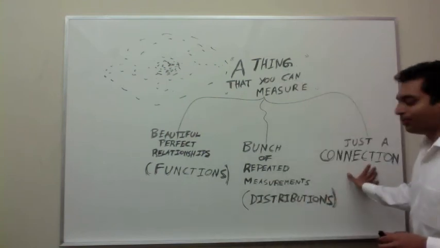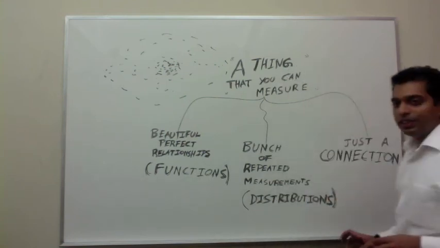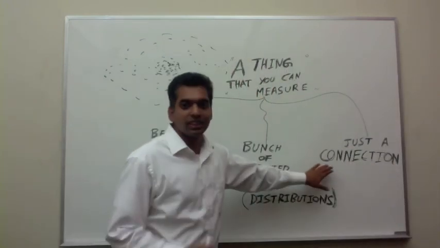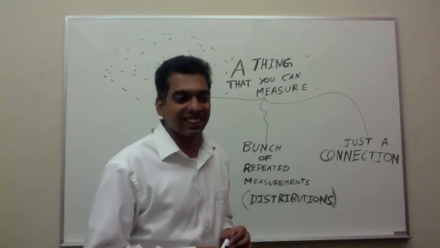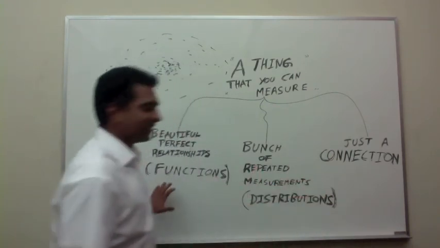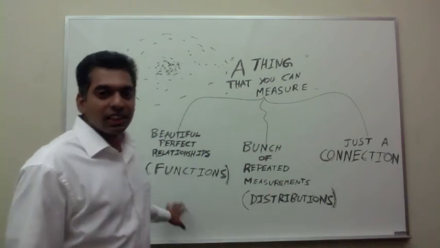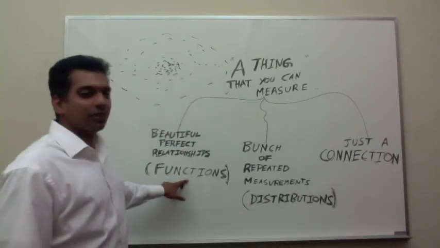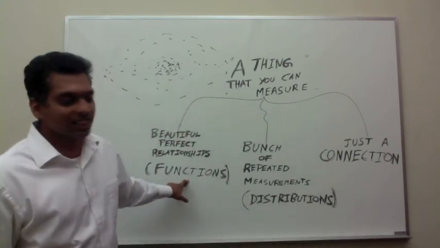Unfortunately, we do not have very good tools to make sense of these connections, as I call them. As in, there is something, but it's really not as good as these perfect relationships. The way we try to deal with them is assume that it's a perfect relationship. And that's again statistics.